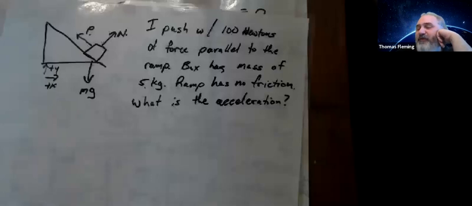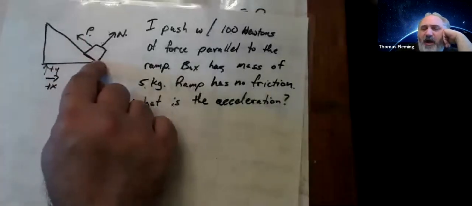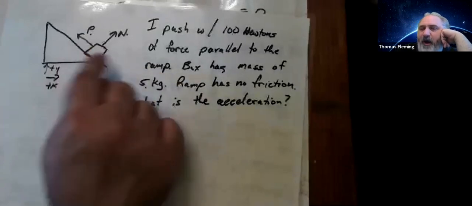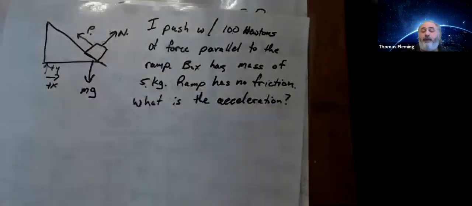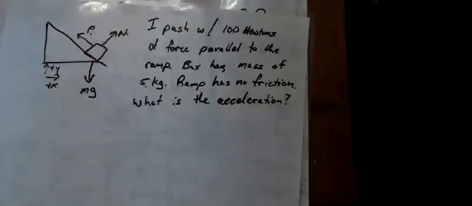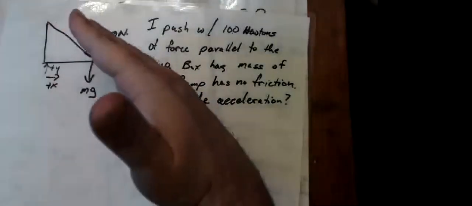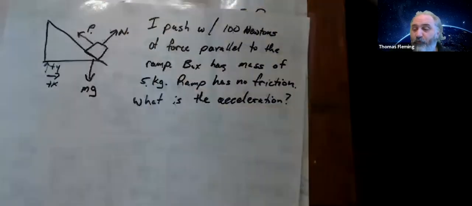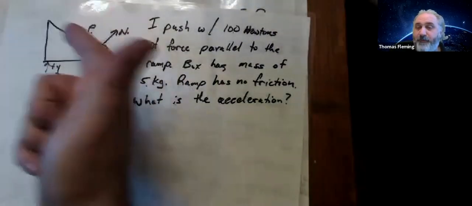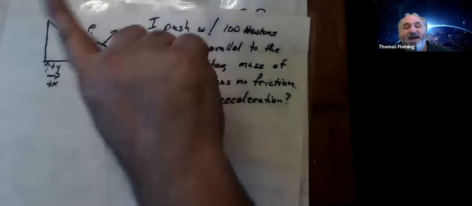But when it comes to the acceleration, I know what this box is going to do, right? If I push this box like that, how is that box going to move? Upward? Yeah, it's going to slide up the ramp. If it moves in this direction, it's moving diagonally.